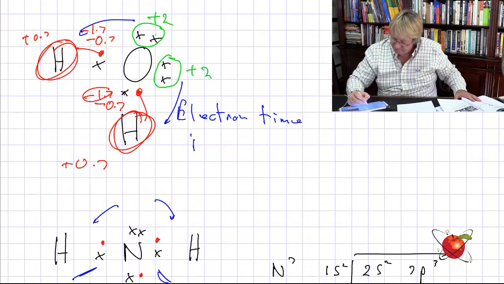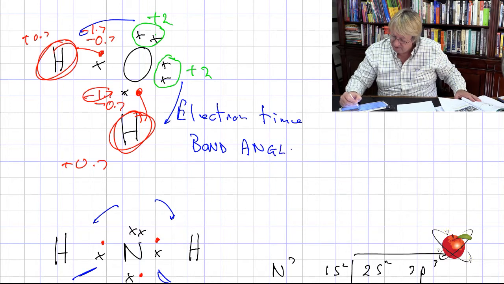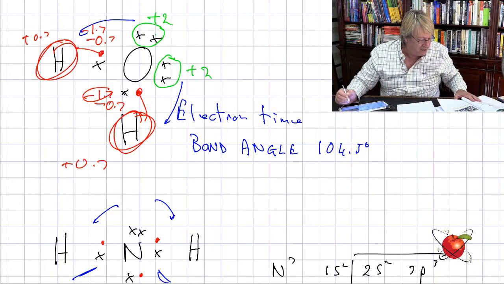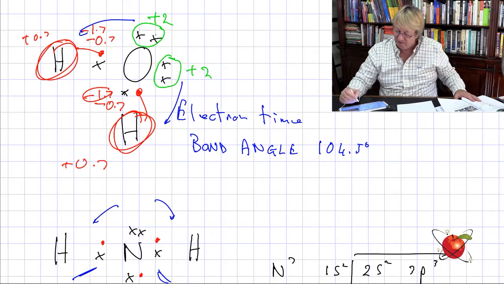Water was a perfect one. Let's have a look here. Water, I think it's 104.5. Yes, water comes to 104.5 degrees, just for interest. The bond angle here is 104.5 degrees, and it's an angular molecule.